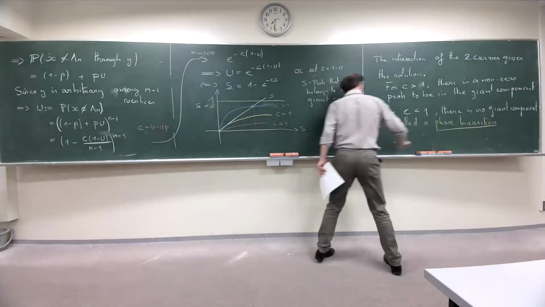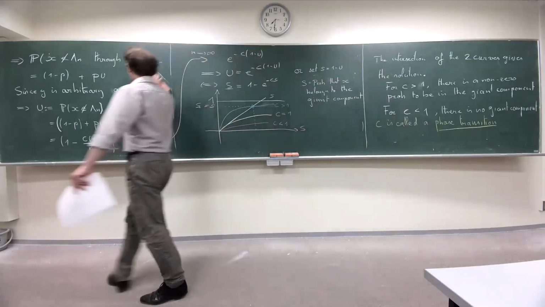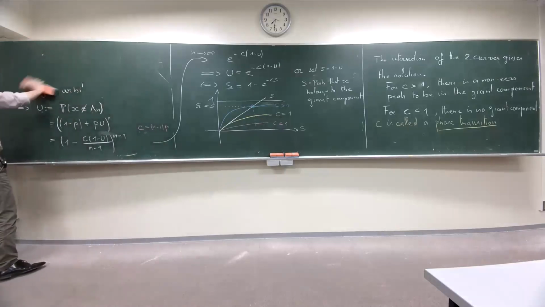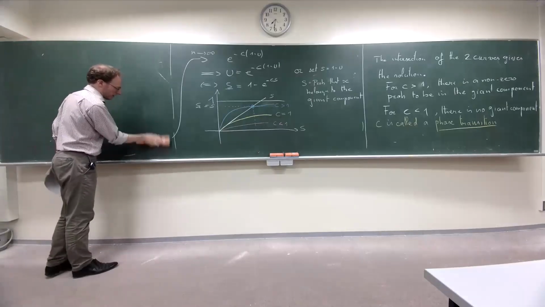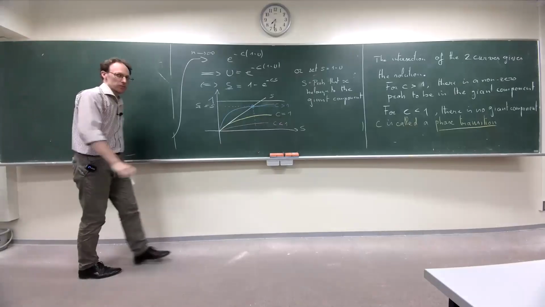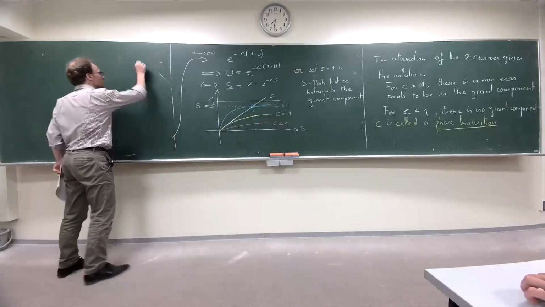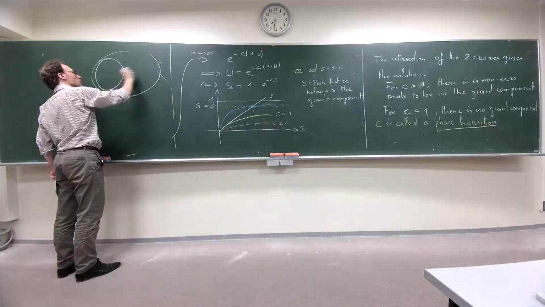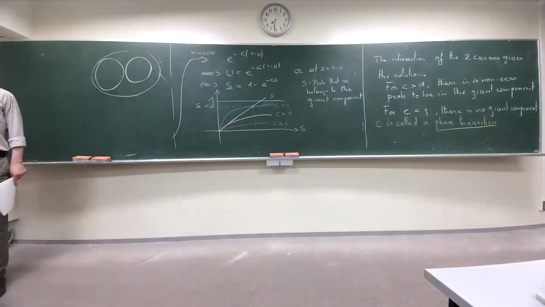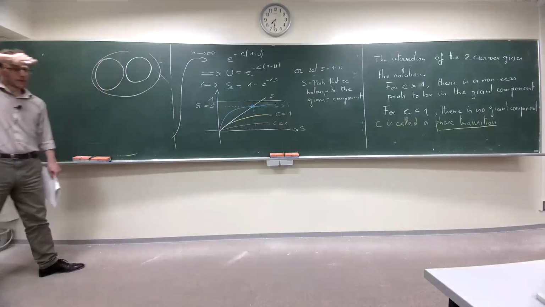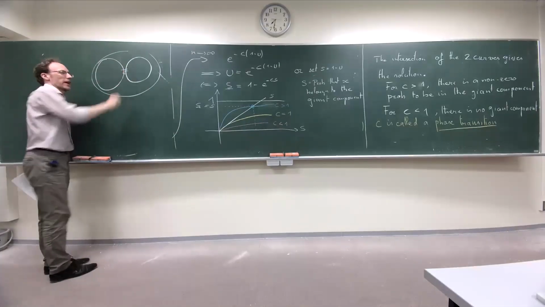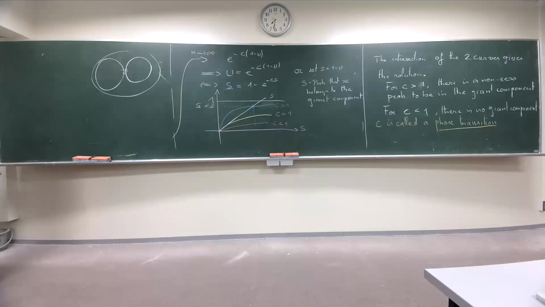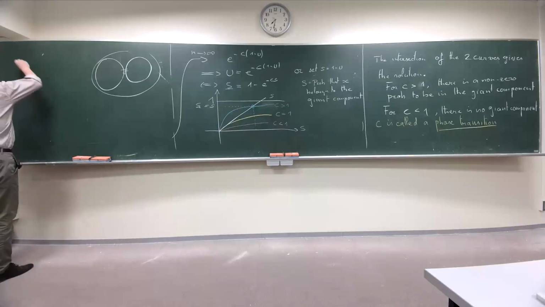There is one small result. I'll explain how you get it in the notes, but let me just say it orally. You can wonder, for C bigger than 1, can we have more than one giant component? Can we have 2 giant components? In fact, you can show that the probability of having 2 is 0, because they will certainly connect at one point, and then it's only 1.